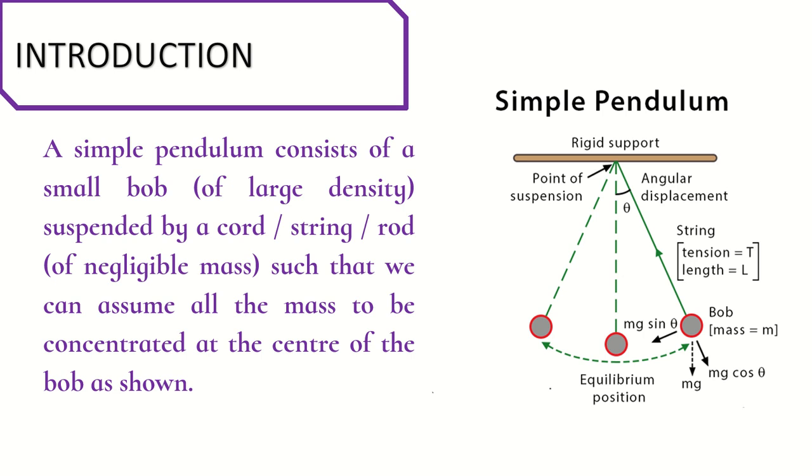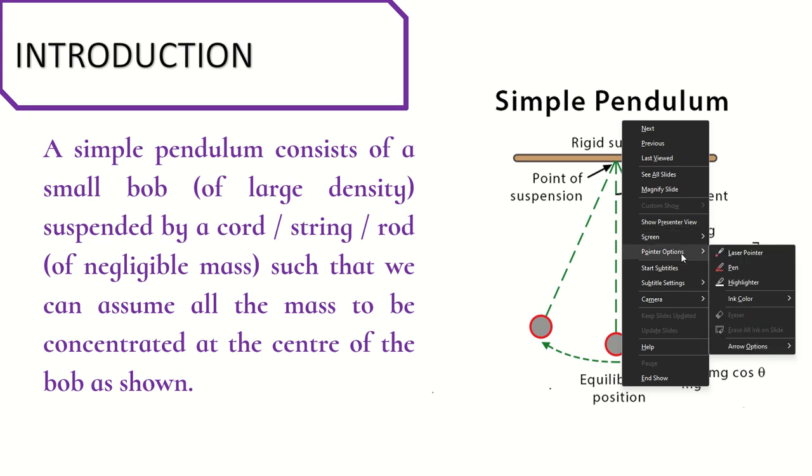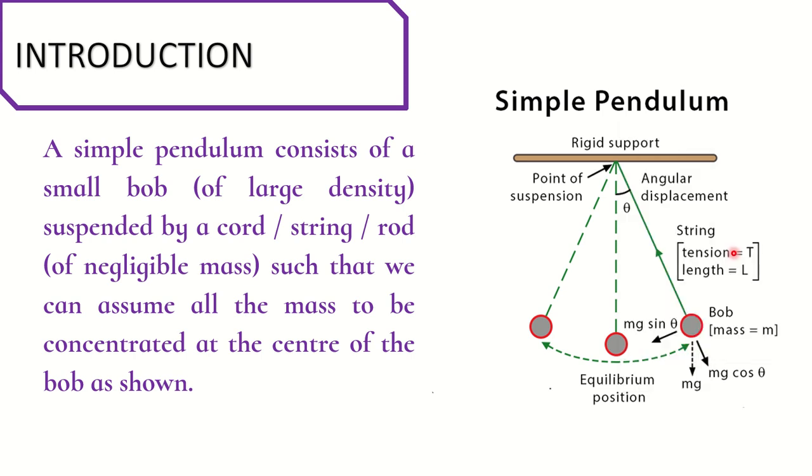Now, as a form of quick introduction, what is a pendulum? A simple pendulum can be described as a small bulb, as you can see from this figure, consisting of a bulb that is suspended from a rigid support, and is suspended using a cord or string or a rod of negligible mass from these rigid supports.